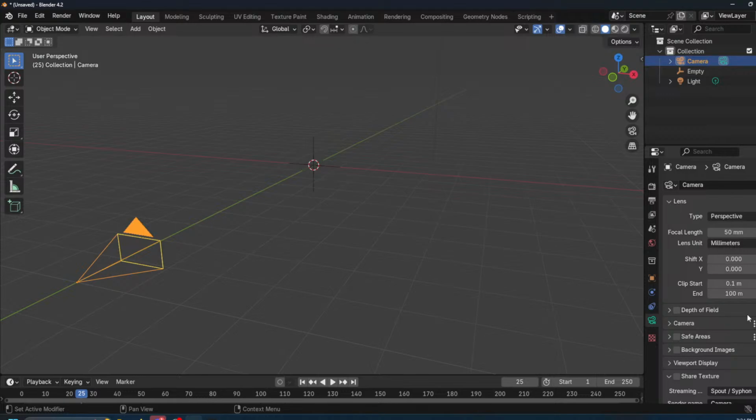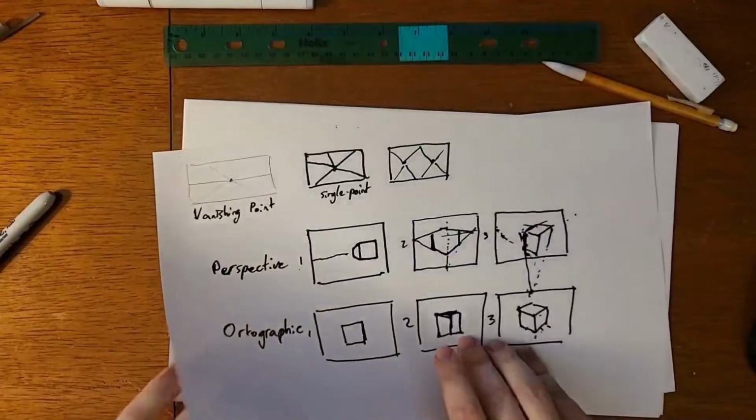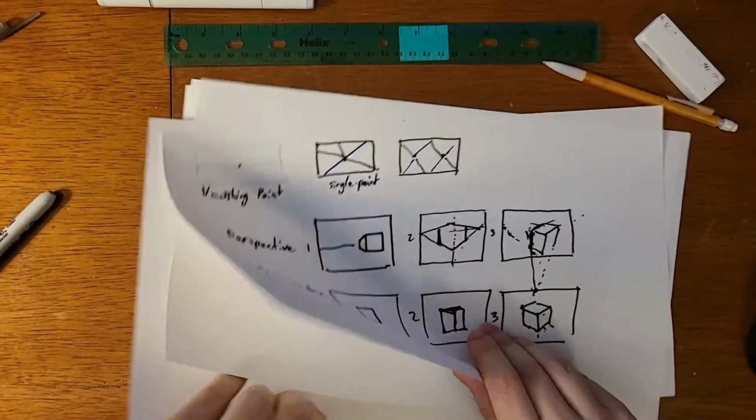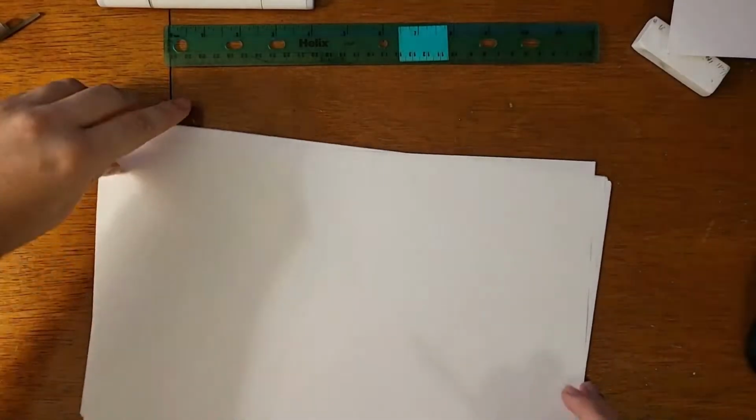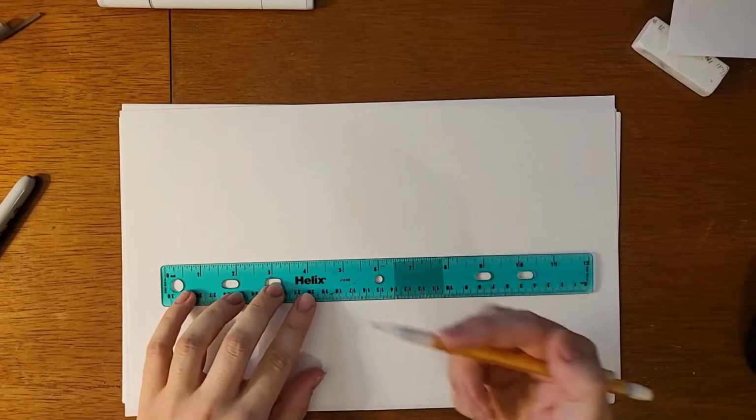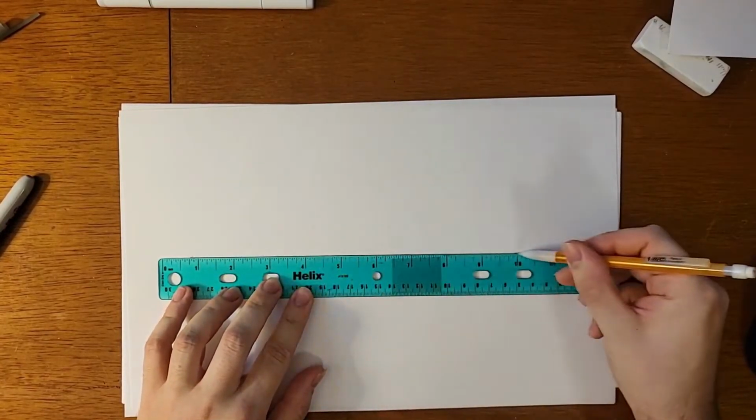I'm going to switch back to the pencil. So with a street, say you want to draw a street, you can do two-point perspective, where you draw your horizon.